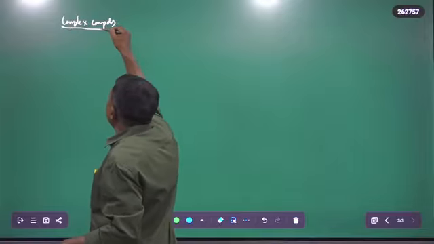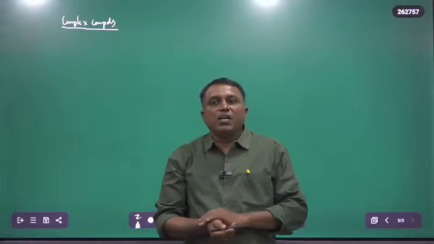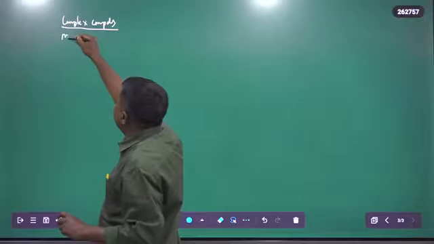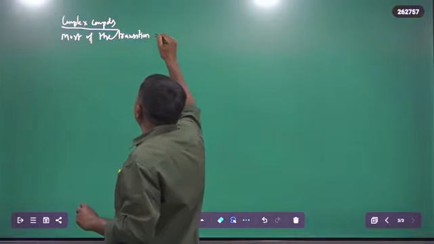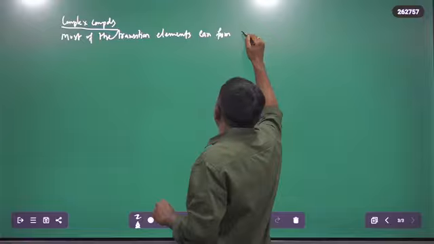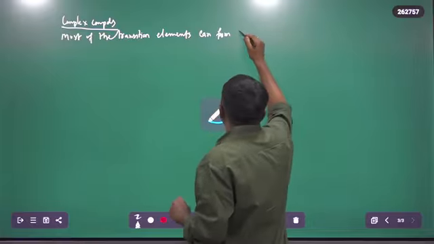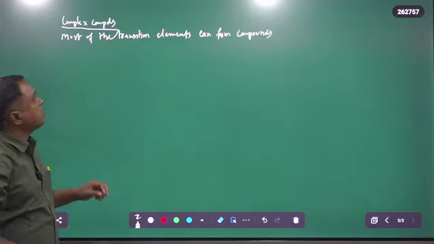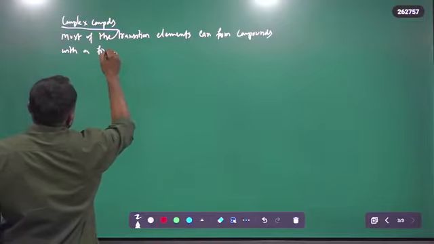Generally, most of the transition elements can form complex compounds, compounds with a fixed number of ligands.